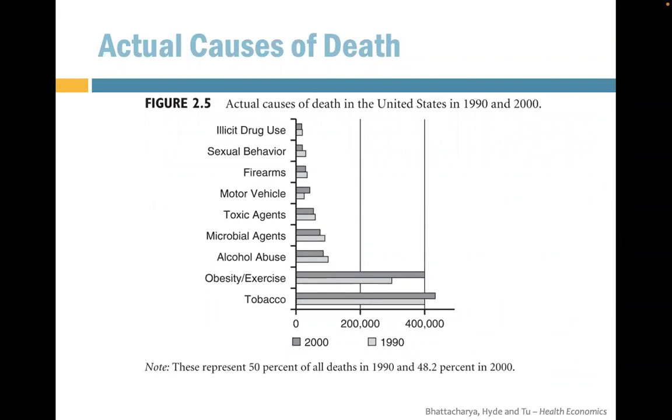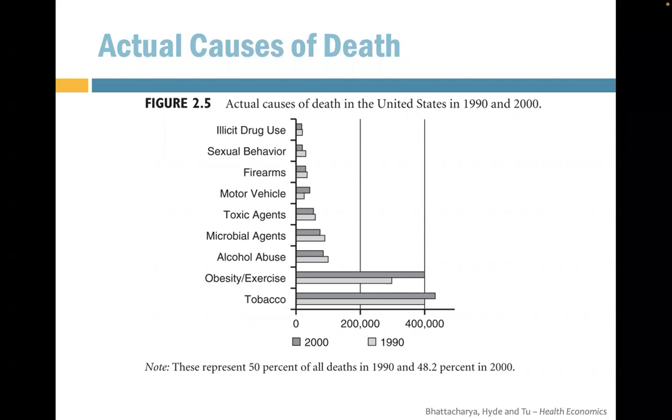This figure is actual causes of death. Okay, so I would say actual causes is not an accurate word to say, but more like a root cause. But it's okay to call it actual causes, or indirect causes.